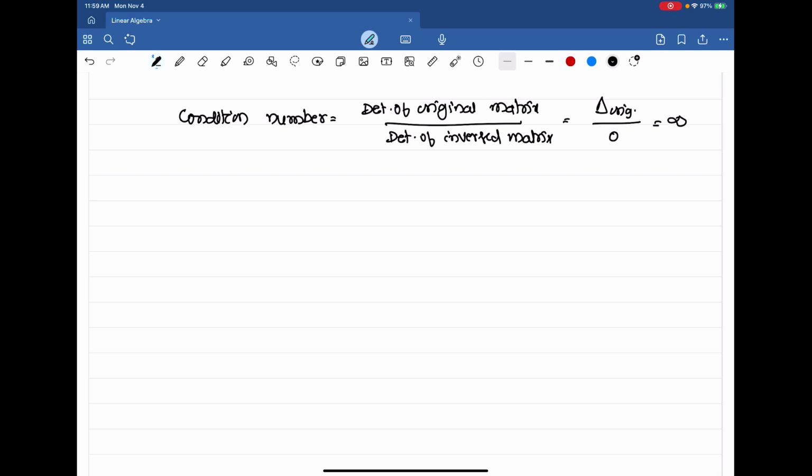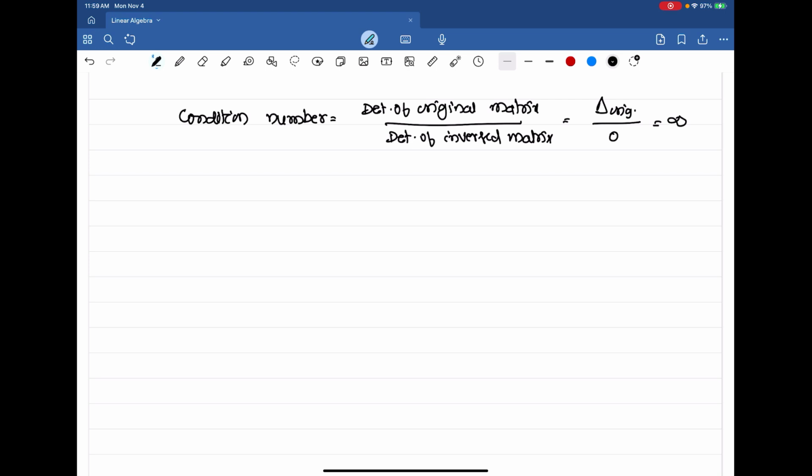What is the meaning of condition number? Condition number gives an insight into whether the system of equations has a better sense of solution.